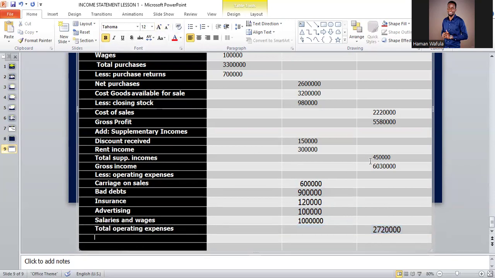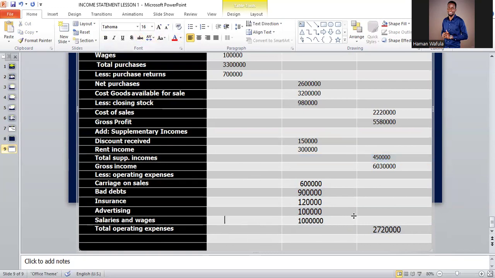So remember the formula for net profit is gross profit or gross income minus total operating expenses. So we have our gross income, which is here. Then we have our total operating expenses, which is there. I'll change the color of this later.